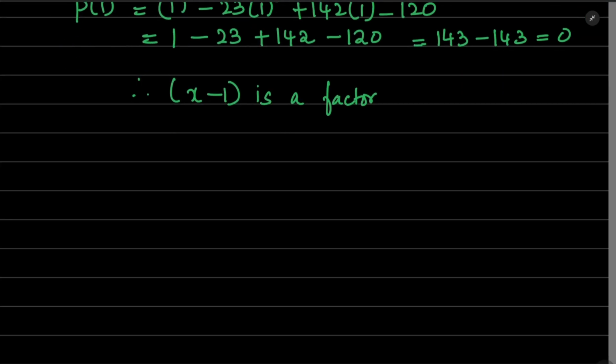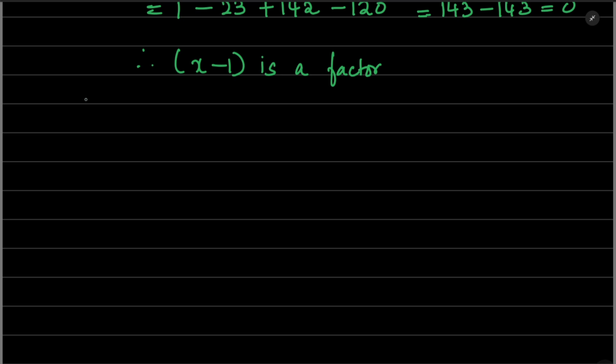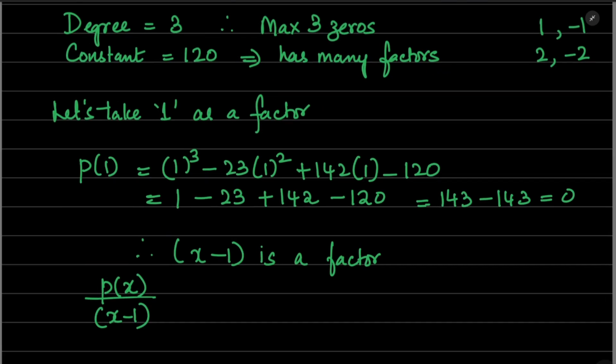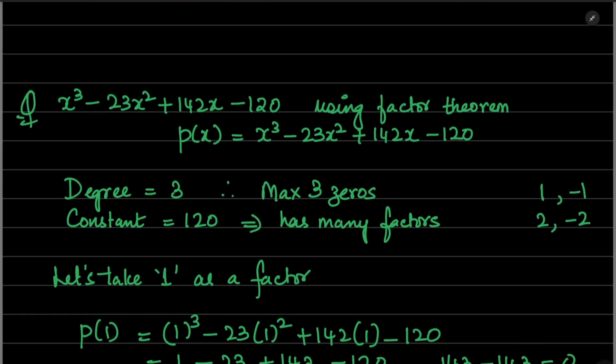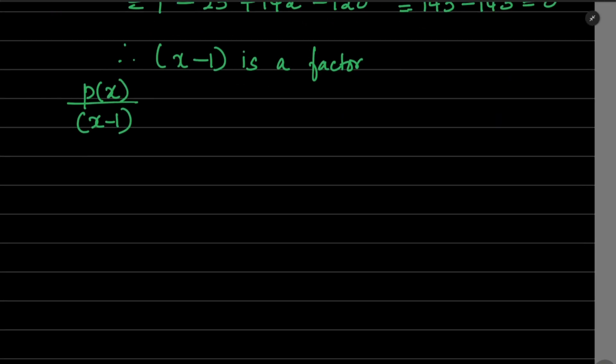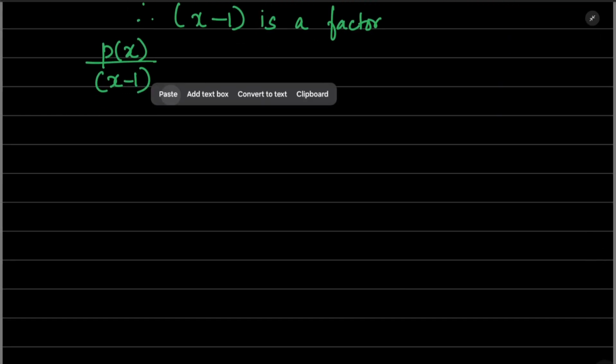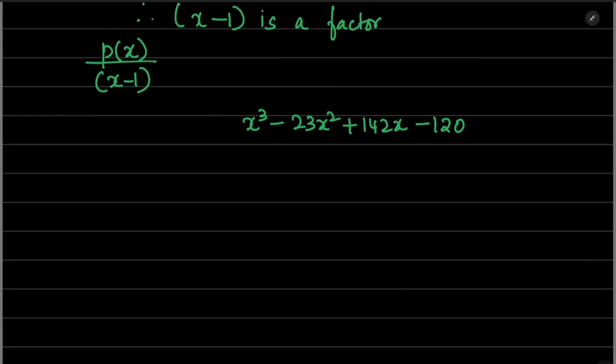Now since we have got one factor, you have to divide the given p of x by x minus 1 using long division. So what was the given p of x? It is x cube minus 23x square plus 142x minus 120. Let me just copy it, and we have to do the long division. This is your given, divided by x minus 1.